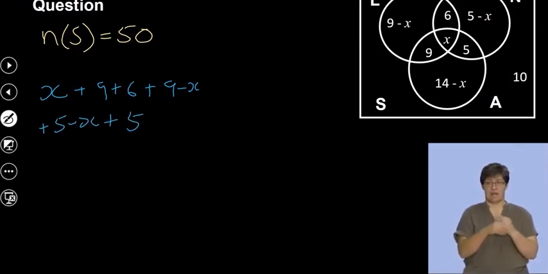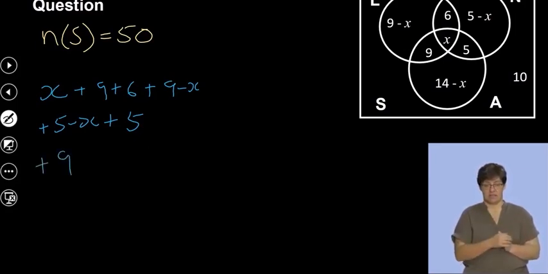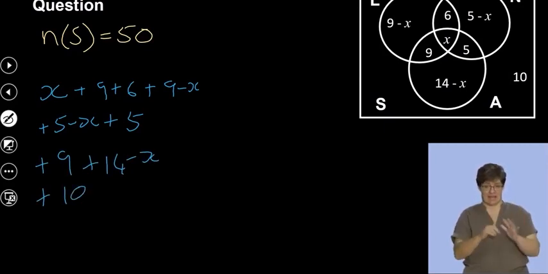I'm not going to add in the 6 because I've added in the 6 already. The only things I've got left that haven't been added are 9, plus 14 minus X, plus the 10, and all of this gives me 50.